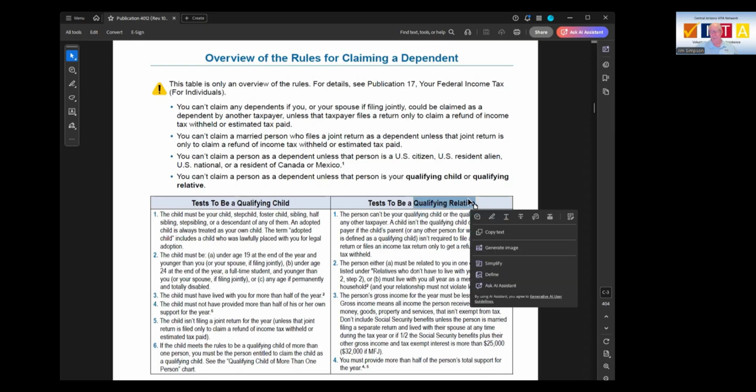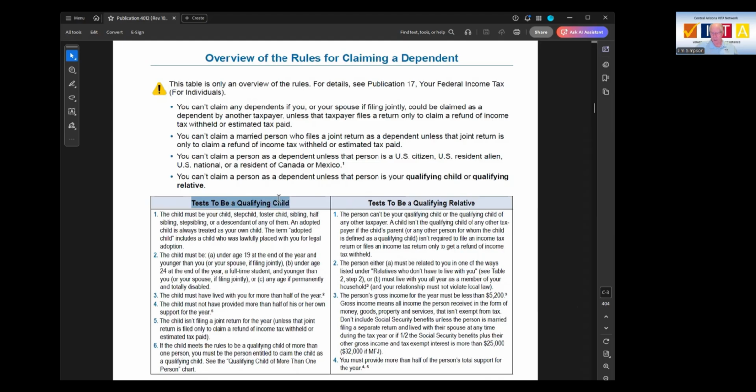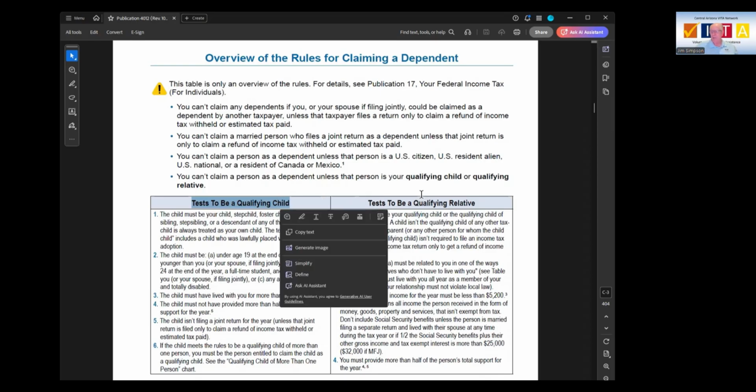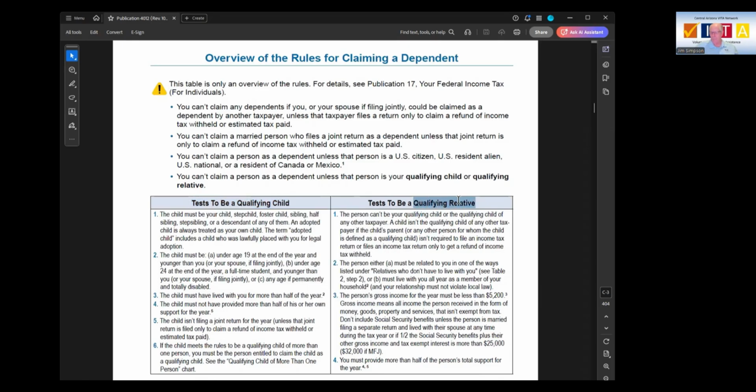I know it's kind of odd, but the big difference is that a qualifying child gets the child tax credit, which is, I think, 2,000. I'm not sure if the new tax law bumped it to 2,200 for 25 or if that's in 26, but roughly $2,000. If you're a qualifying relative, you only get a $500 tax credit.